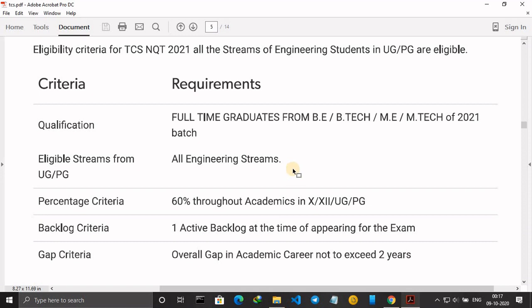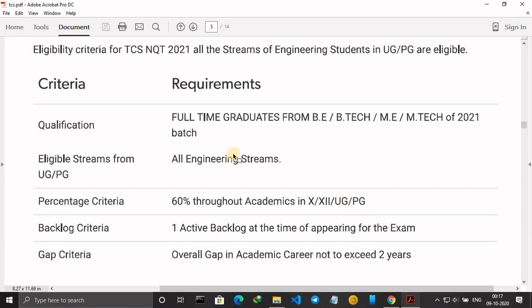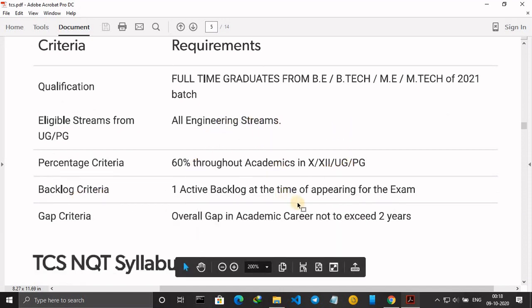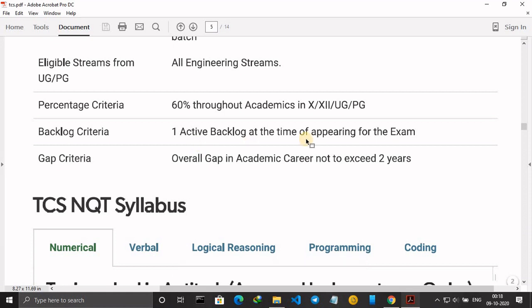Percentage criteria: what is the percentage criteria? 60% throughout academics in 10th, 12th, UG or PG. Backlog criteria: one active backlog at the time of appearing for the TCS NQT. Overall gap in academic career not to exceed 2 years. There must not be more than a 2 years gap, otherwise you cannot give this TCS NQT exam.